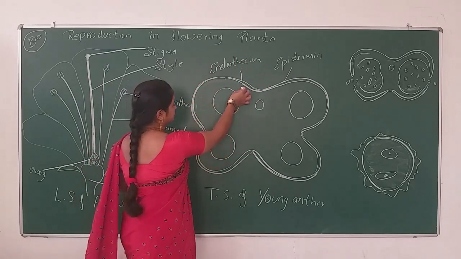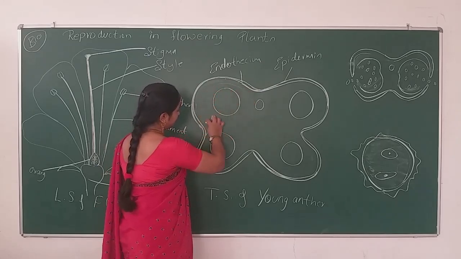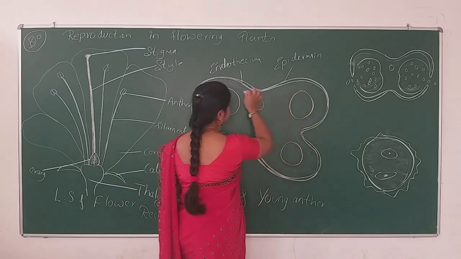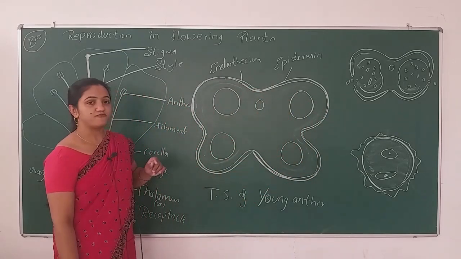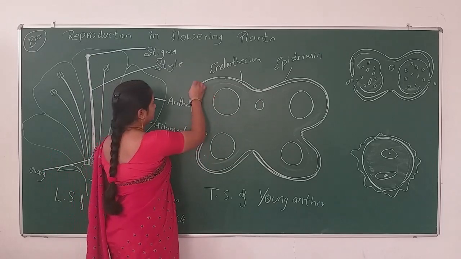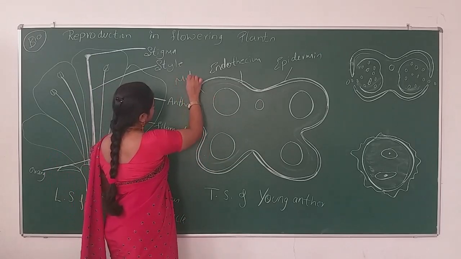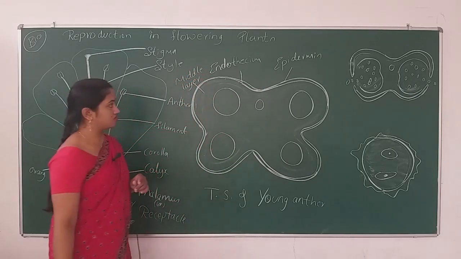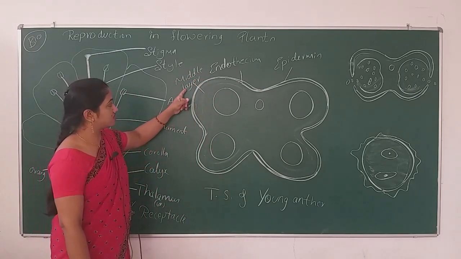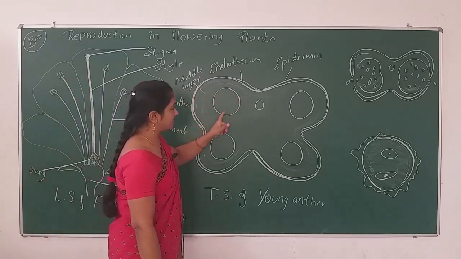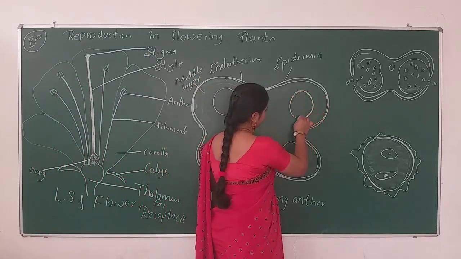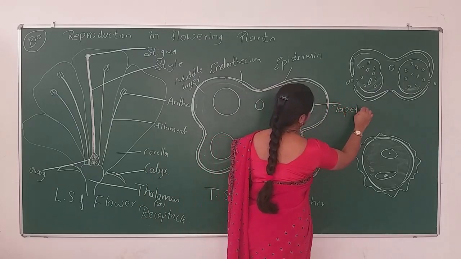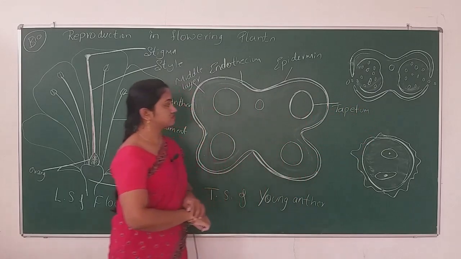Next to the endothecium, the middle layer is present. The middle layer is a little loosely arranged, made of parenchyma cells. This is the third layer. Now coming to the fourth layer, it is known as the tapetum.